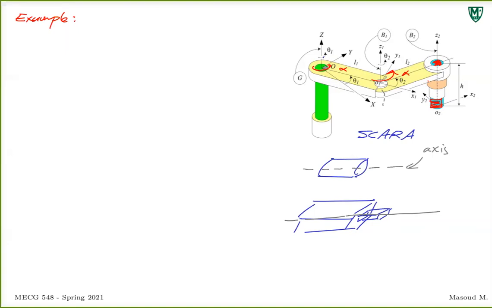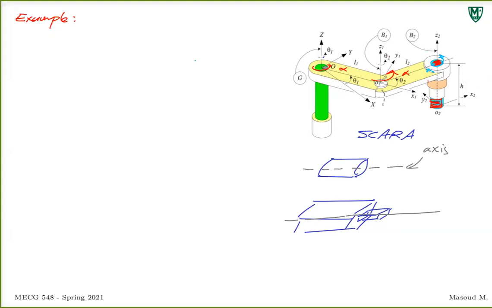All right, so we can think about it as just one part. Now that can rotate with respect to this link. If we have this link, this can rotate, and then it can elongate. So we have 3 revolutes, 1 prismatic joint.